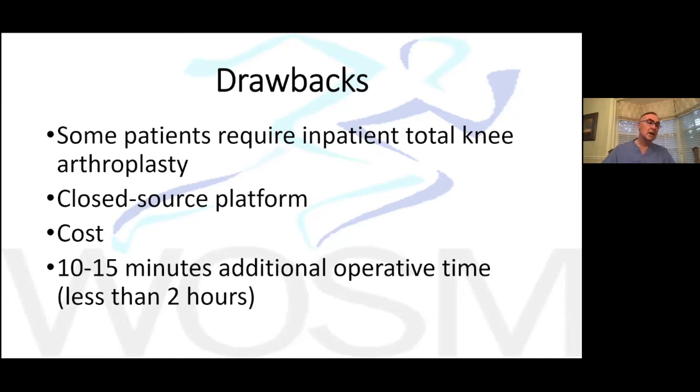So examples of these types of requirements would be somebody with a stable but serious heart condition, or a patient who's got fairly significant Parkinson's, or a patient who's got an amputation on their opposite lower extremity. These are inclusion criteria that Medicare recognizes that would allow us to move the procedure to an inpatient setting and still have it be a covered service.